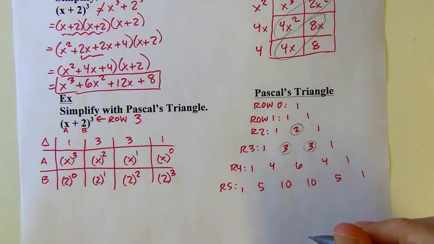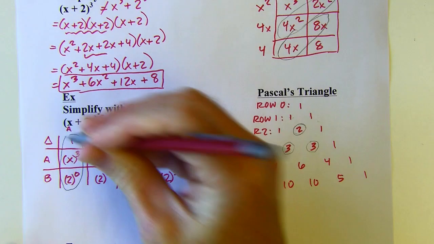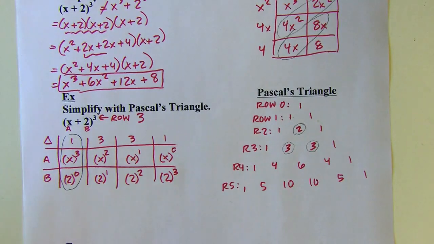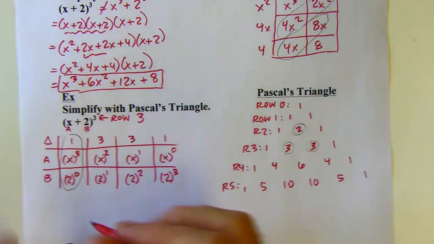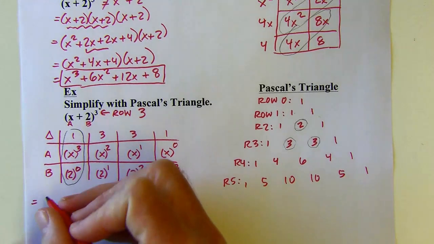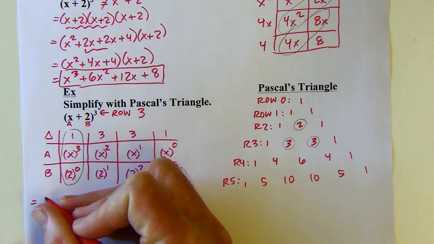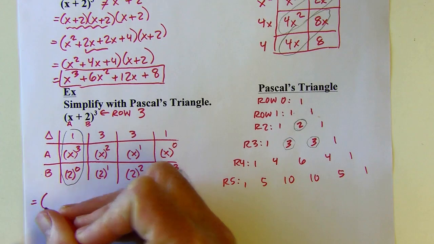All right, now that I've got the chart filled out, this first column is going to give me the first term of my solution. I'll just put it in parentheses.